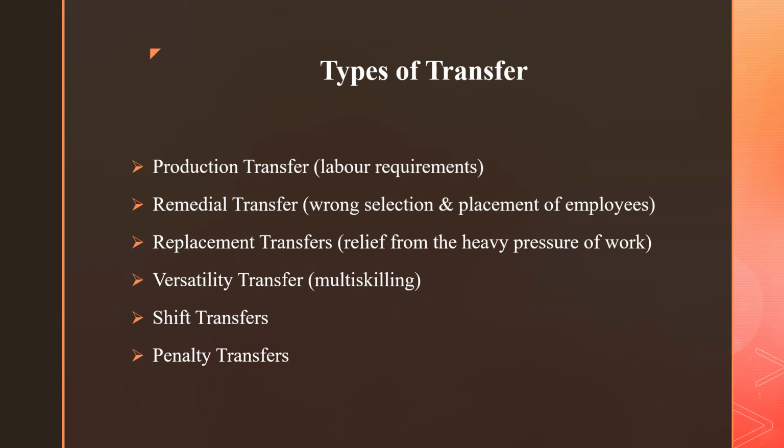The fourth type of transfer is the versatility transfer. It is also known as versatile, meaning multitasking. Sometimes companies transfer their employees because they want to make them multitasking. So the company keeps shifting the employees from one job to another so that each one of them knows the work.